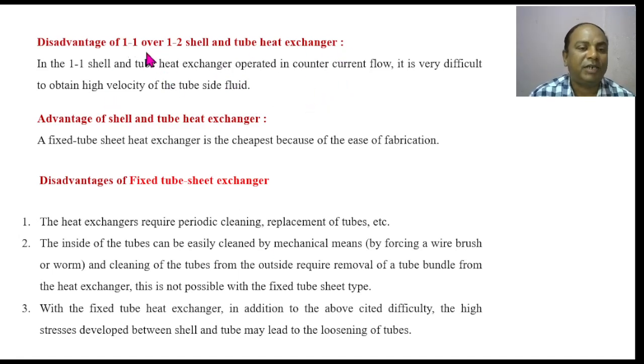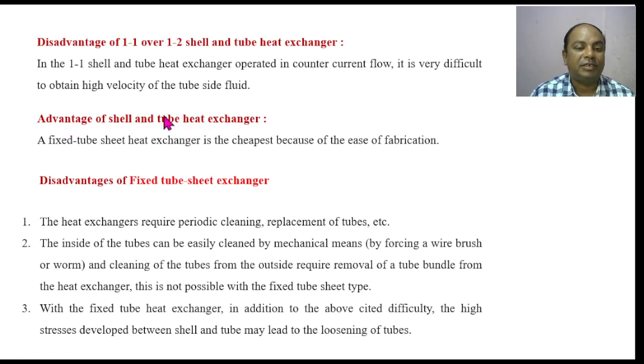This is a disadvantage, because a 1-1 shell and tube heat exchanger does not possess any kind of pumping, so high velocity cannot be given to the fluid passing through the tube side.